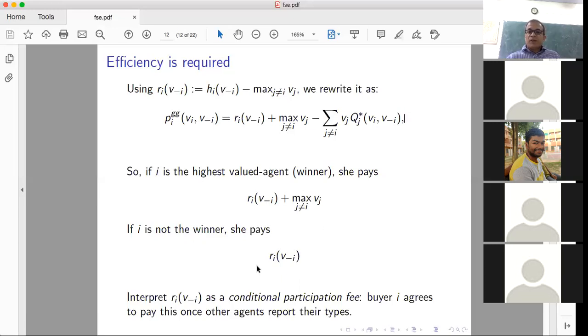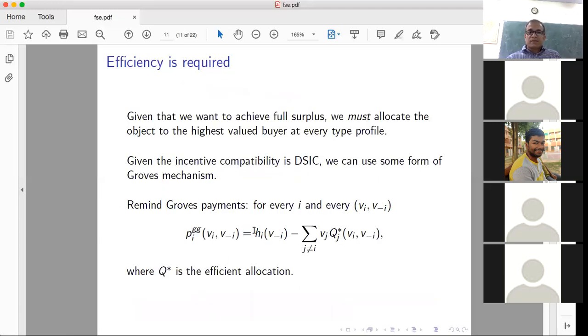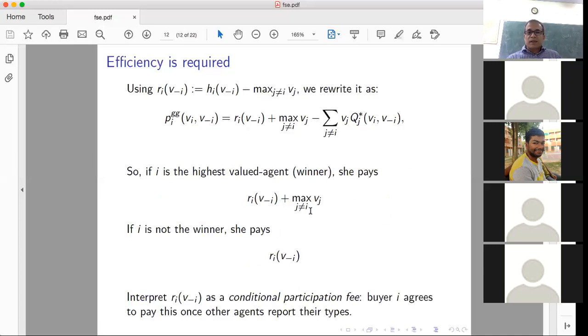If he does not win, then this is just the participation fee. So every Groves mechanism can be written like this. I can always write h_i(v_{-i}) like this, so that it is of this form. Is this reformulation of the Groves mechanism clear?